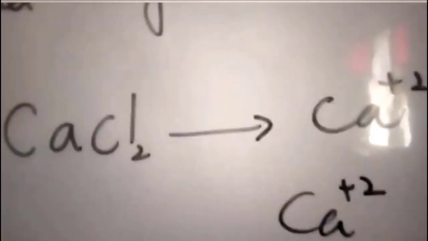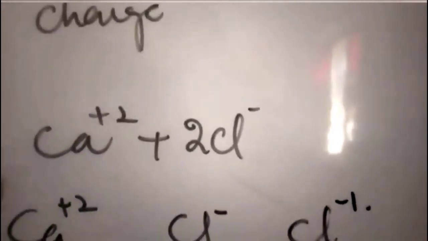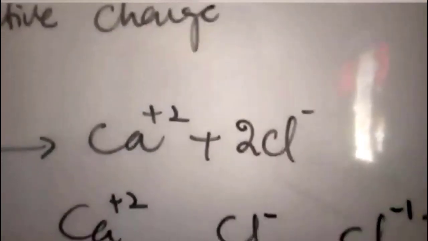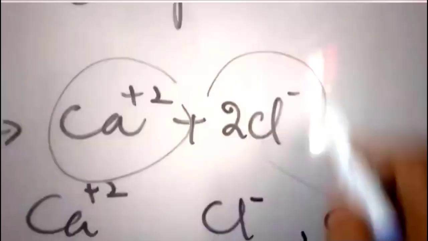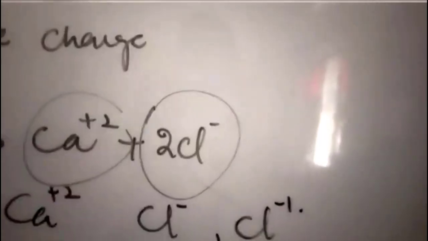Take the example of calcium chloride, CaCl2. If I ionize that salt, it makes Ca 2 plus and 2Cl negative. You can see that the positive ion part is 1 calcium and 2 chlorine. It means they are not equal in number, positive and negative ions, but their charges are equal. Charge how?